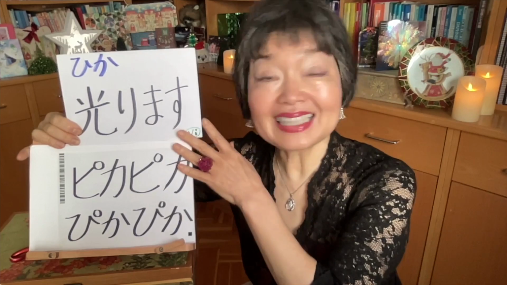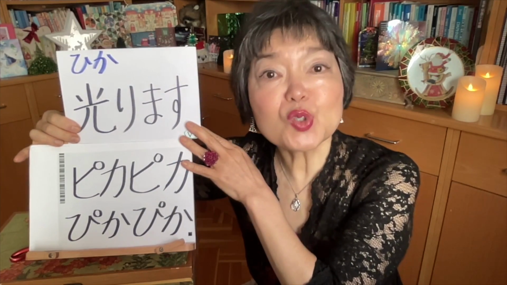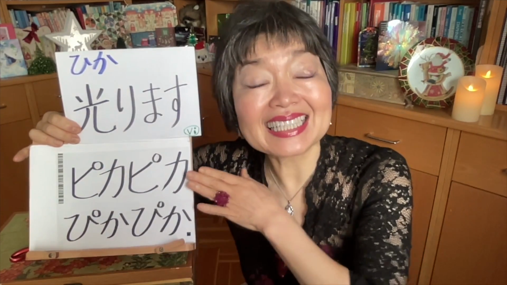This onomatopoeia PikaPika is quite similar to this verb, hikarimasu, to shine. Hika, almost the same, but with the circle, maru. PikaPika. The way how to shine is different in Kirakira and in PikaPika.